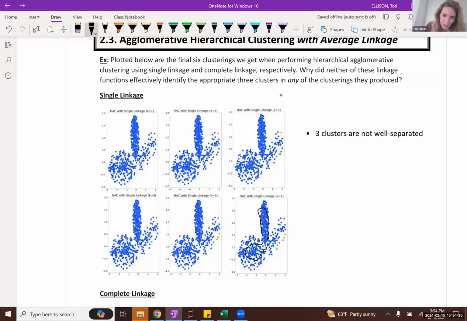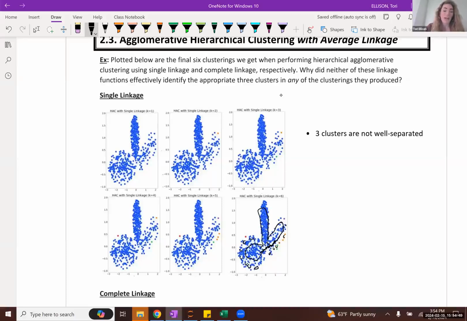Eventually, at one point in the algorithm, there was a bridge that was formed in the center of these clusters here. So this at one point became a cluster, while each of these observations on the outskirts still remained as singleton clusters by themselves.